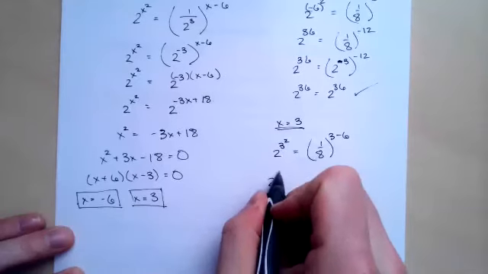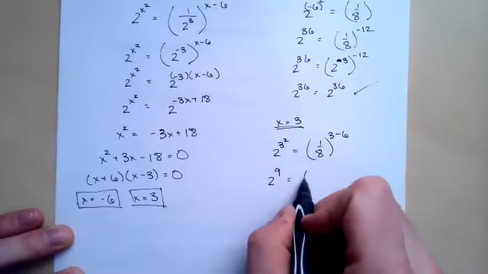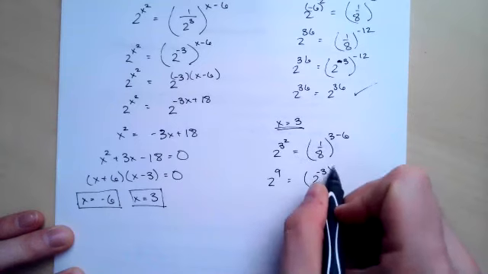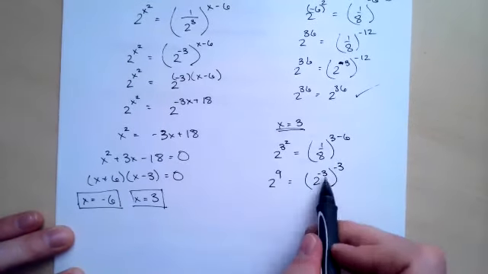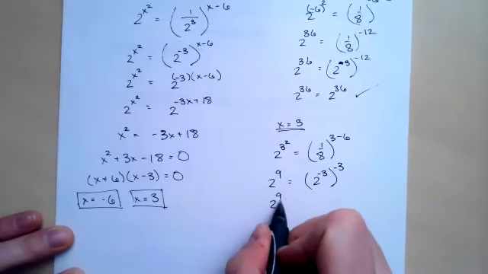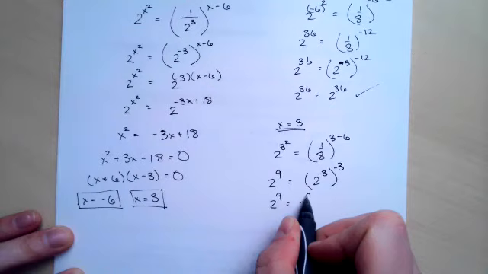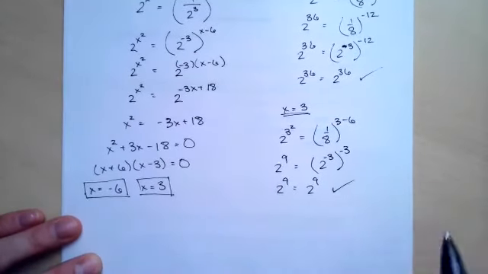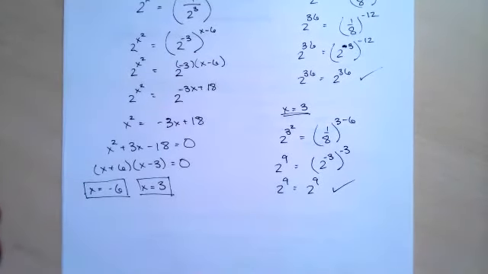And so we get 2 to the 9th is equal to, so again, let's write 1/8 as 2 to the minus 3, to the minus 3, and minus 3 times minus 3 gives me that positive 9. So both those answers check out, meaning we did all the math right, and those are the only two solutions. Any questions on those guys?